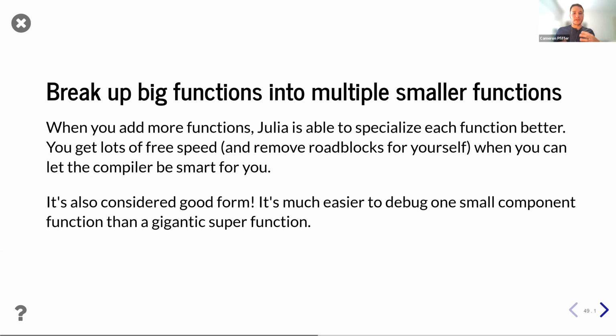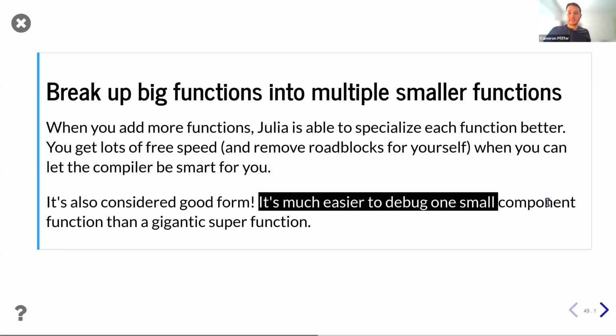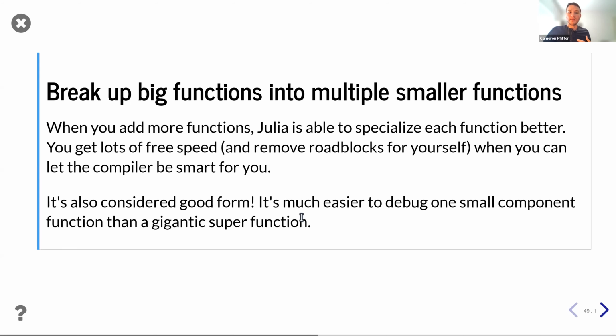You can break those operations apart, and Julia can look at those very specific functions and say, oh, okay, I know exactly all the little tricks and tools I can put inside this function to make it go fast. So it's also just good form, right? To write many little, well-documented functions that accomplish a very specific thing. And it's much easier to debug these, right? You can debug one small component much more easily than a gigantic super function.